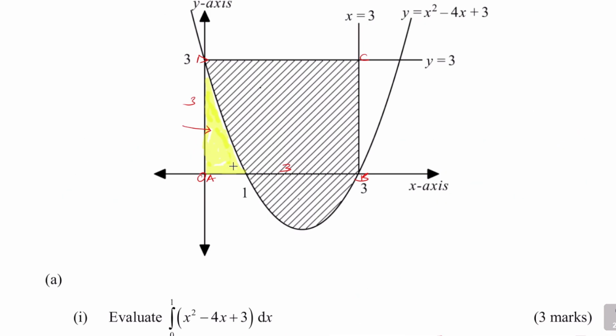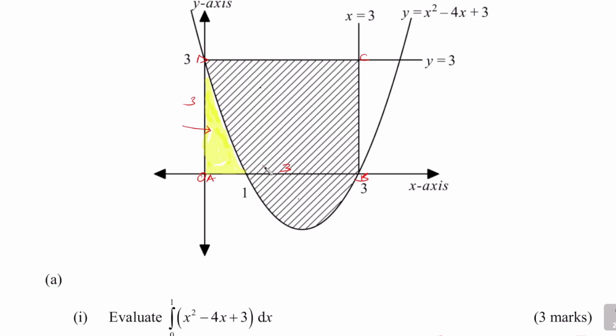Now, which is this area? We need to be very careful here. This area I've shaded here is the area under the curve y equals x squared minus 4x plus 3 between 0 and 1.